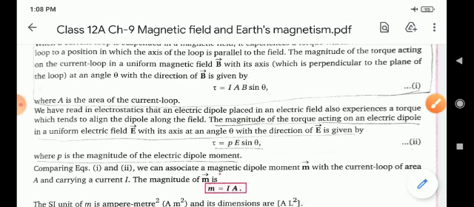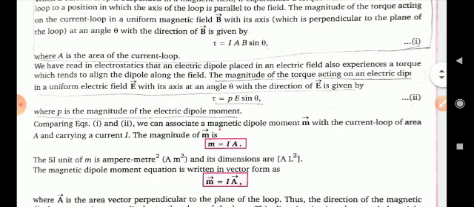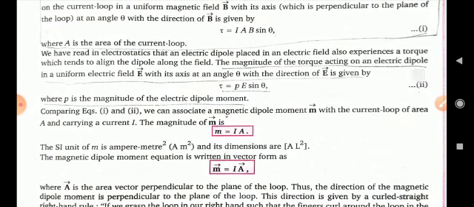Then we can associate the magnetic dipole moment with the current loop of area A: M equal to IA, where the SI unit of M is ampere meter square and its dimension is AL square, because I is the current and A is the area.